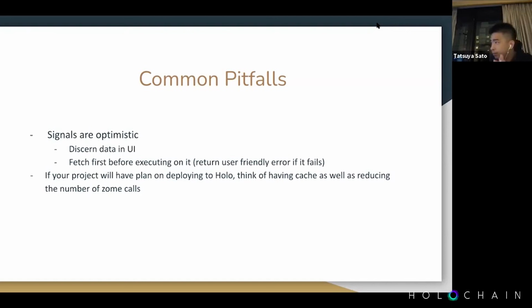For example, in a messaging application, when an agent saw the message, if that agent would like to let the other agents know that he read the message, then that agent could make a link from that message data to his agent pub key.